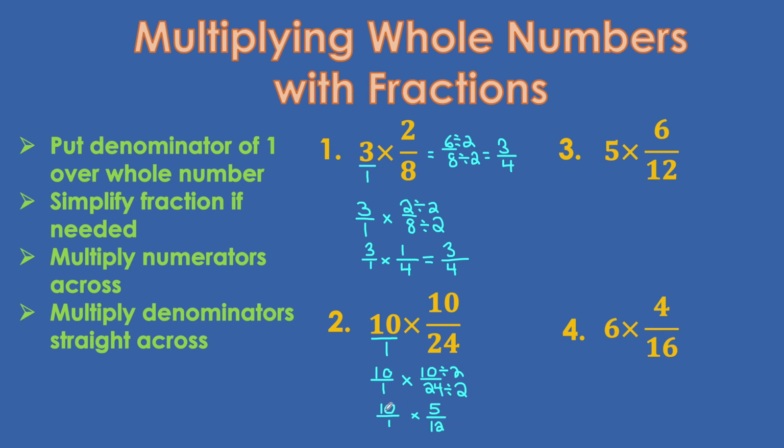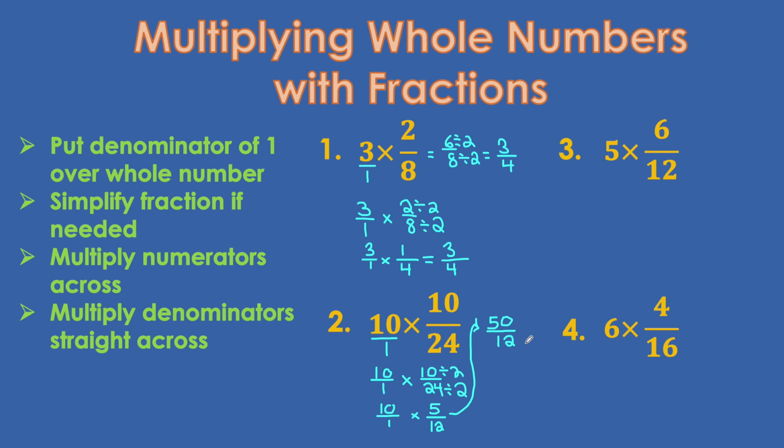Now we multiply the numerators across. 10 times 5 is 50. 1 times 12 is 12. Now you see we have an improper fraction where the numerator is greater than the denominator, and we don't want that.